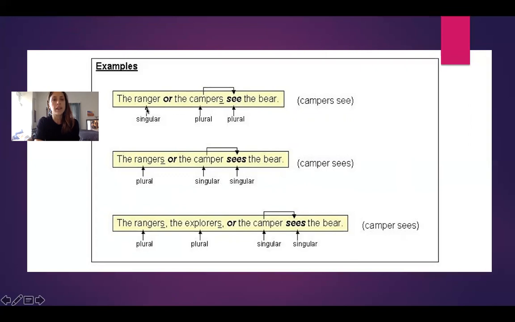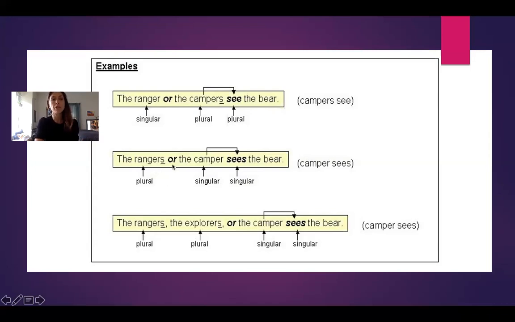We have a compound subject, so we actually go off of the closest subject to the verb. So we say the ranger, or, the campers. Since the campers has an S at the end, we do not add an S to the verb, because our subject is plural. Now over here, it's the opposite.